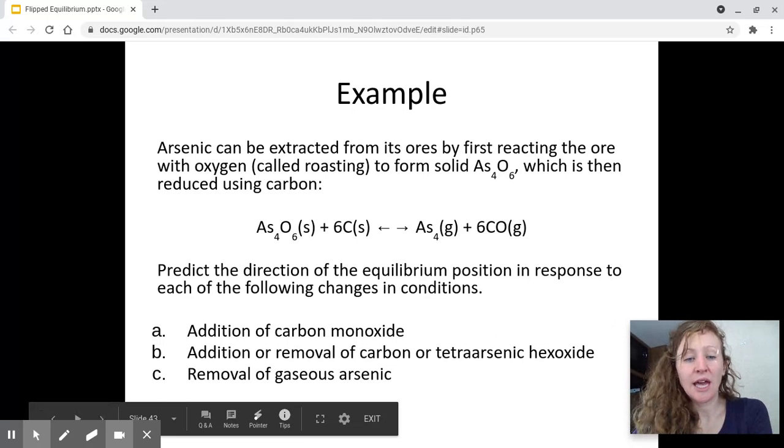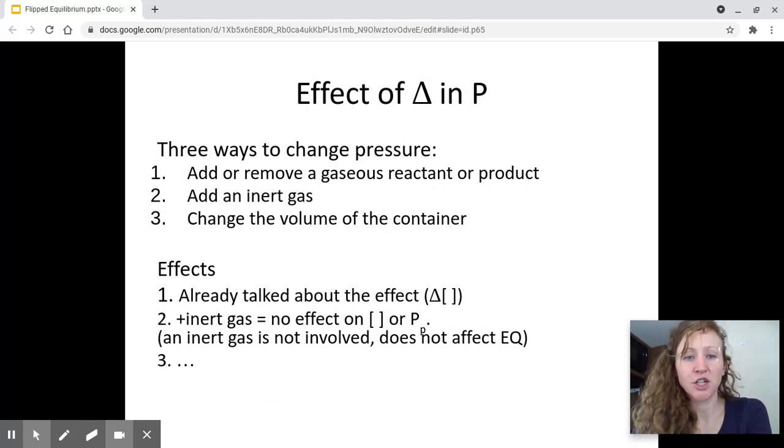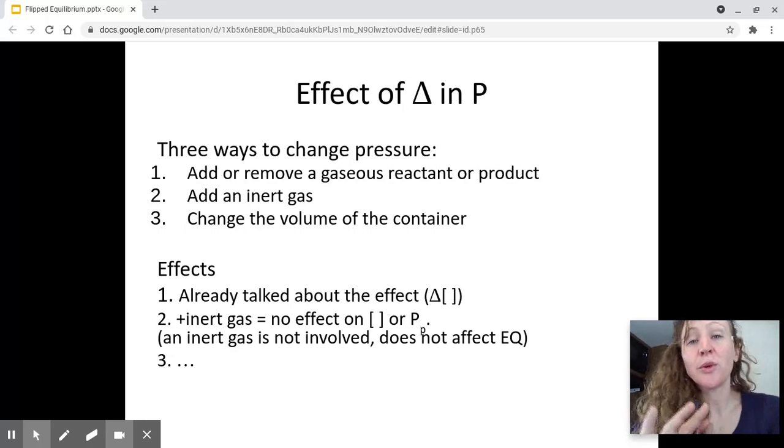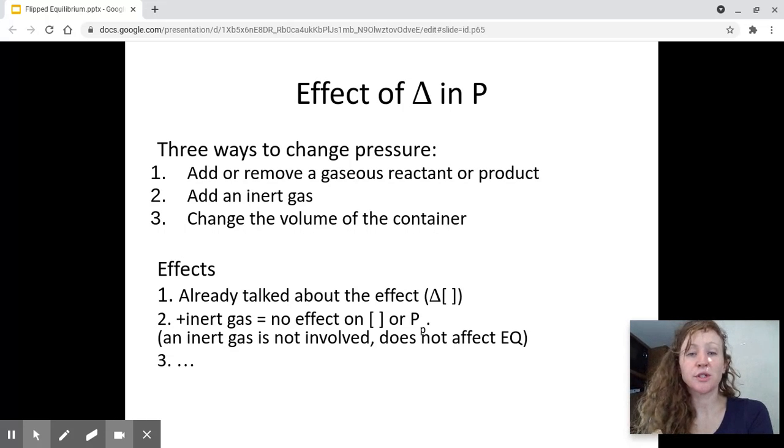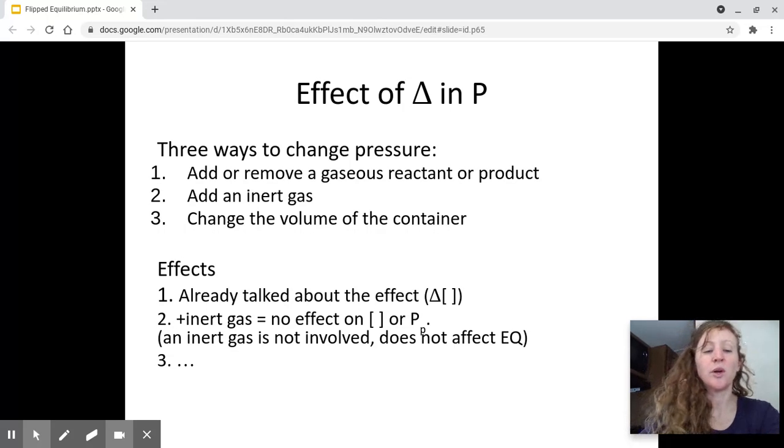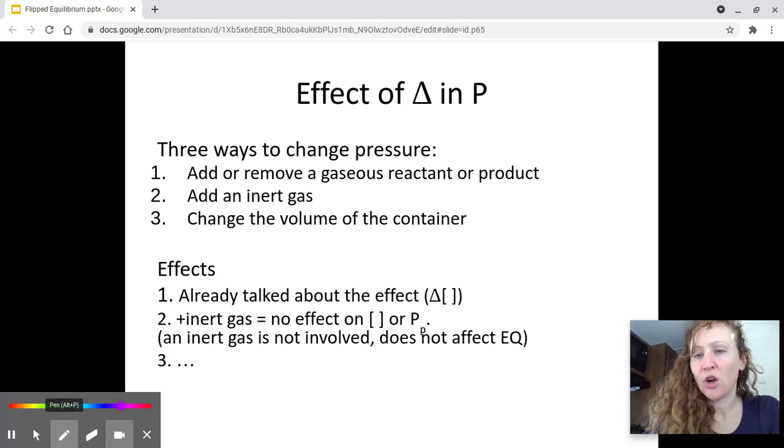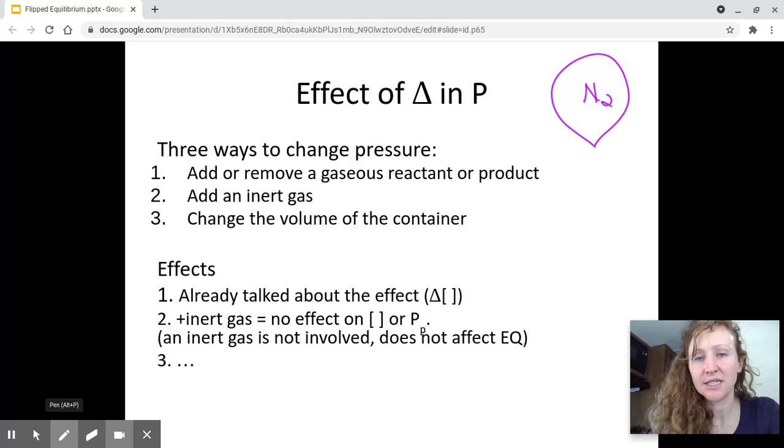Okay, so we'll do this example together. Let's look at pressure. All right, so there are 3 different ways to change pressure. We can add or remove a reactant or product. We can add an inert gas. Inert means it's not reactive. So let's say we have only nitrogen inside my container.